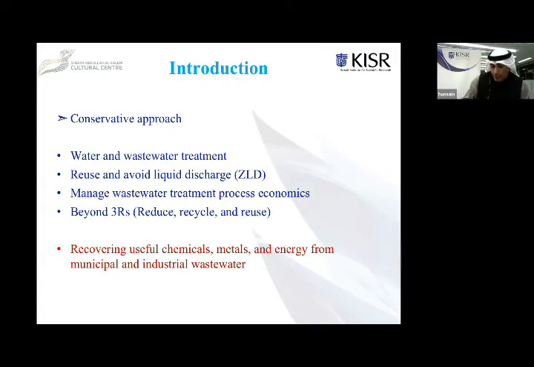And beyond that, the environmental program is showing that in order to sustain a resource, you have to use the method of reducing, recycling, and reusing. But what is neglected nowadays is recovering useful chemicals, metals, and energy from wastewater, including both municipal and industrial wastewater.